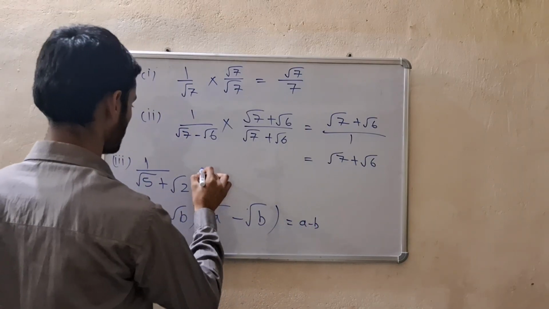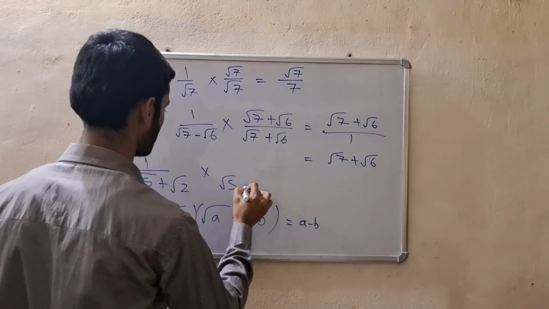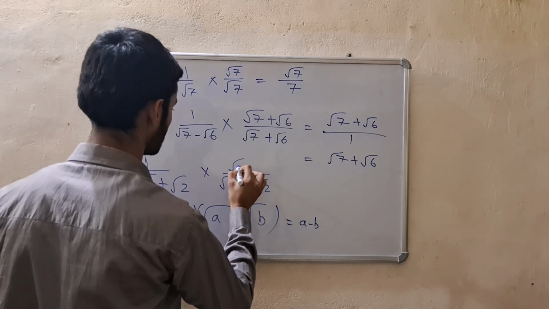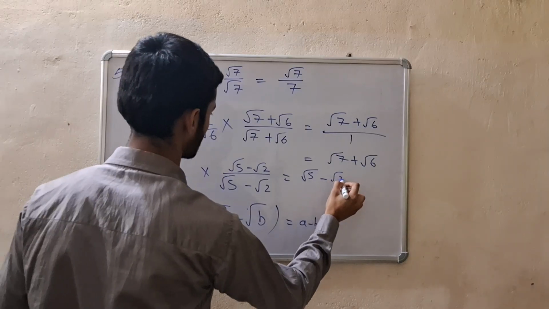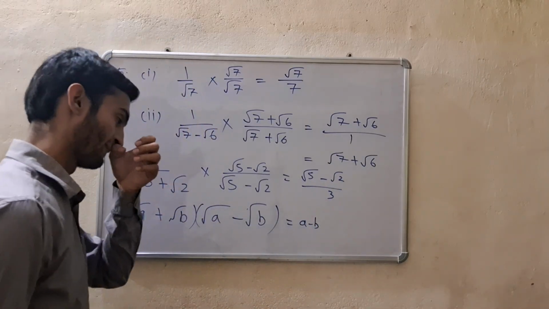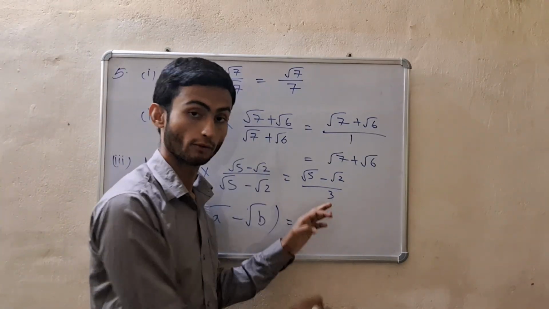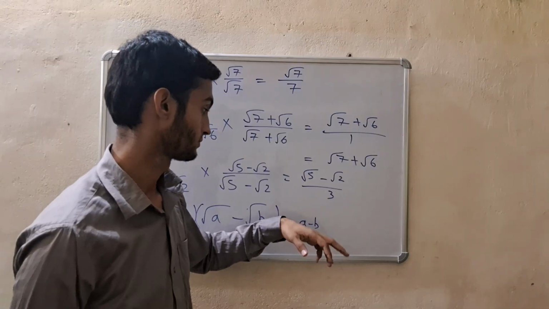So we multiply by square root of 5 minus square root of 2 on top and bottom, and we get square root of 5 minus square root of 2 upon 3. So we have rationalized the denominator, and it has become 3.